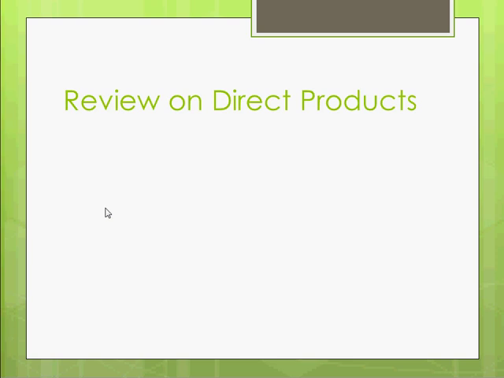So here's a review on direct products, what they basically look like. What you're probably used to, maybe in your discrete math course or something like that. Direct products look like a point, for instance, x and y, where x and y are in the reals. It's a point, right?